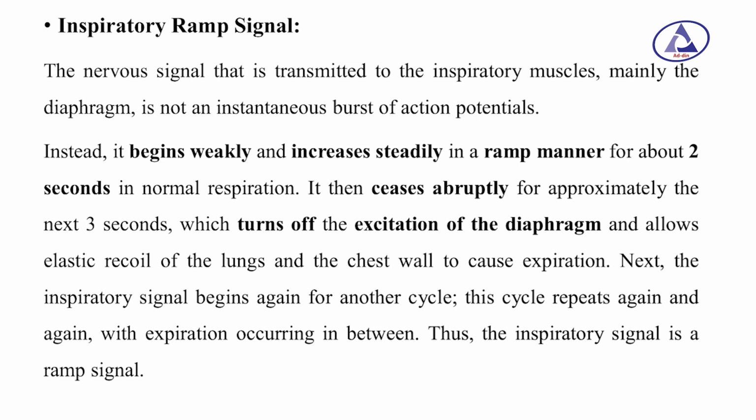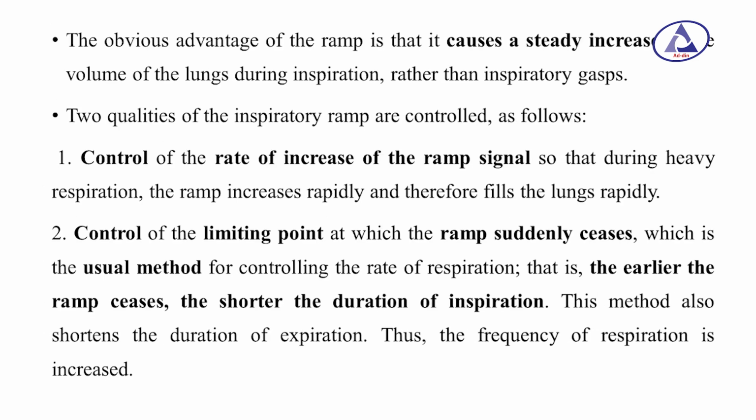The obvious advantage of the ramp is that it causes a steady increase, not an abrupt increase. Steadily, because it starts weakly and increases steadily, and it increases the volume of the lungs during inspiration.